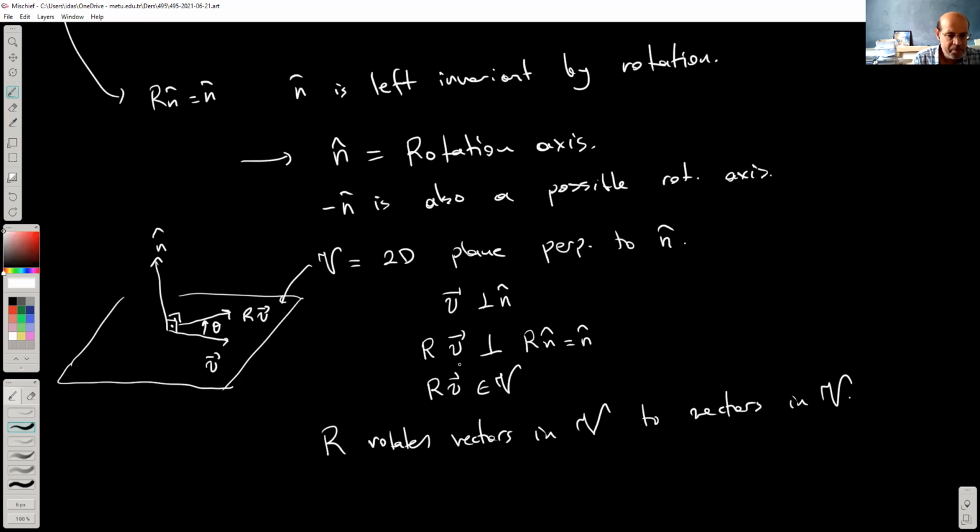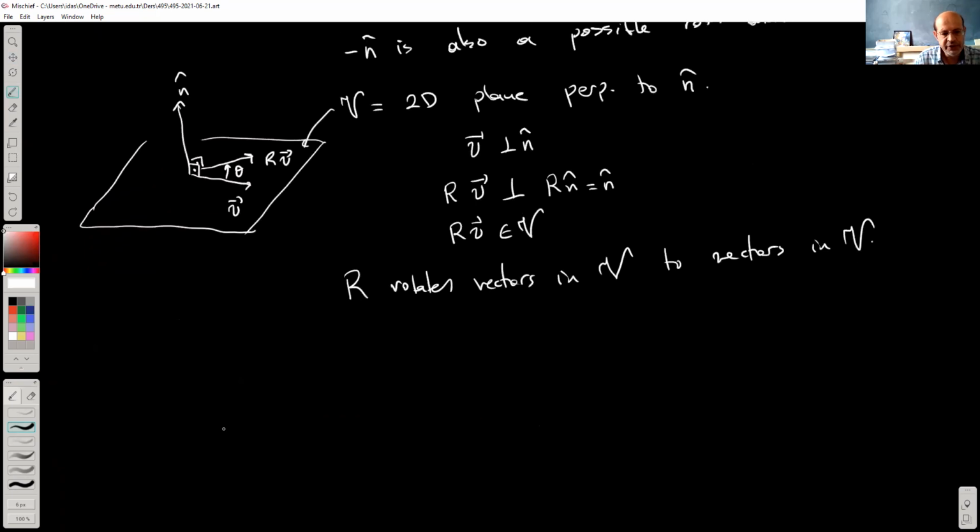In any case, every rotation in SO3 can be thought of like that. So there's a special notation here. I'm just going to use the right-hand rule.